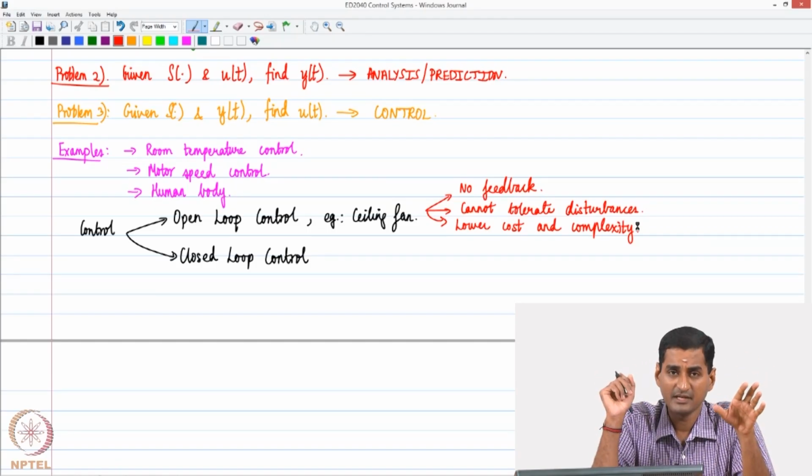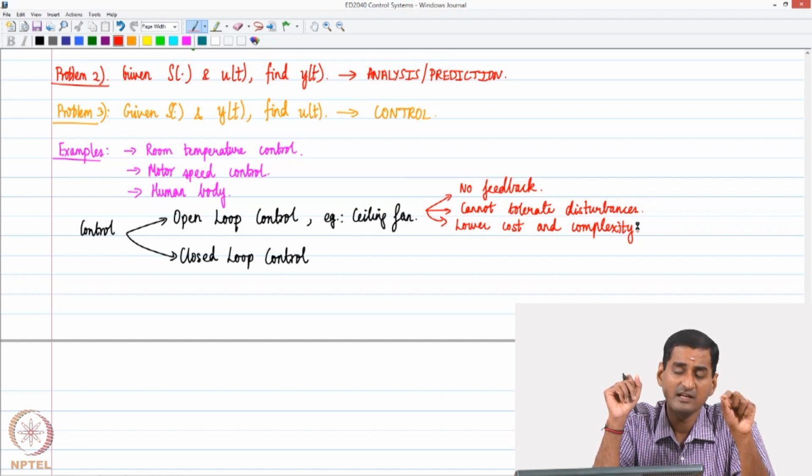What I would do is measure the actual RPM using a speed sensor, and then take the actual RPM at each and every instant of time, compare it with the desired value, and then take the difference, quantify the difference between what I desire and what is actually being obtained, take that error and pass it through what is called a controller, and the controller will then adjust the electrical input to the fan, right.